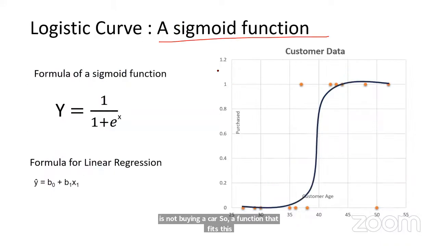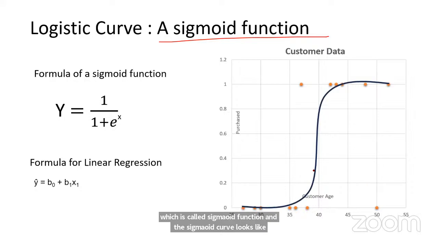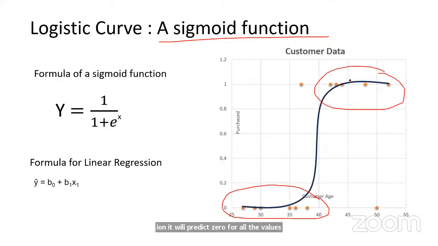If you are into mathematics or engineering, then you must know this function, which is called the sigmoid function. The sigmoid curve looks like this. It starts at 0 for lower values, and for higher values, it is always 1. So if we can somehow fit this sigmoid function into a linear regression, then we will be able to achieve this classification, right? For all the values which are here, it will predict 0. For all the values which are here, it will predict 1.